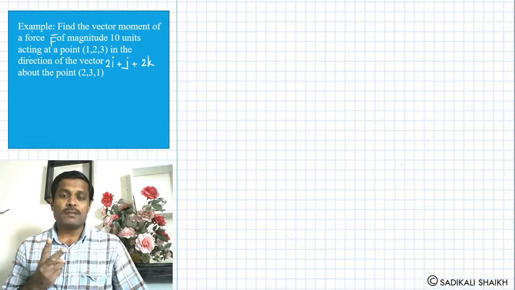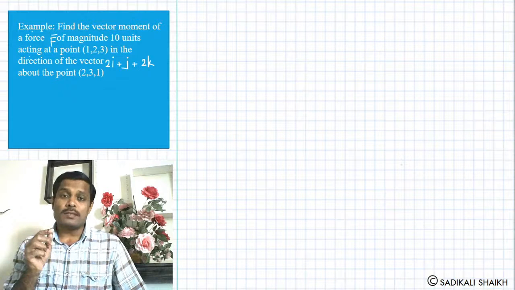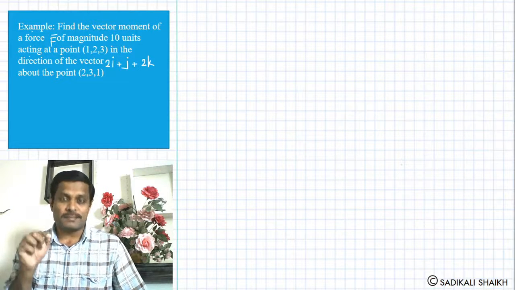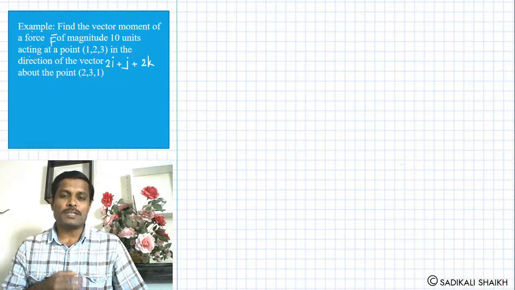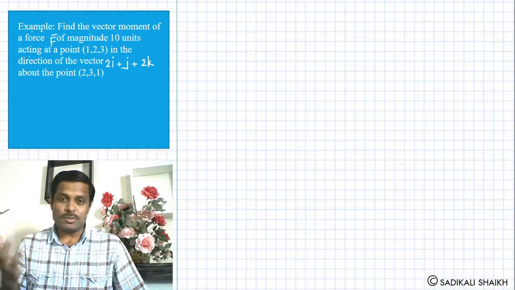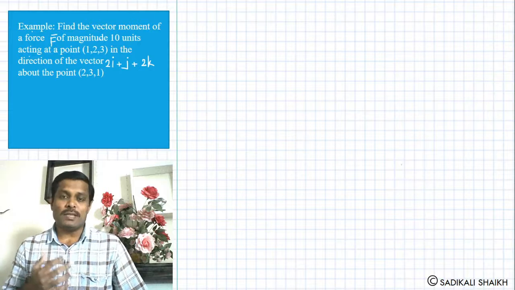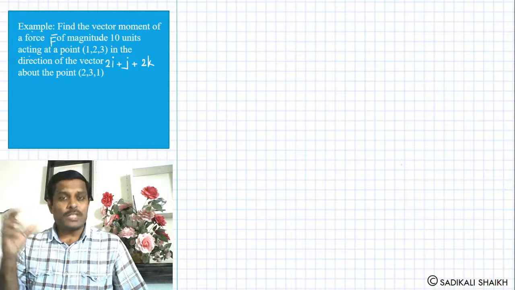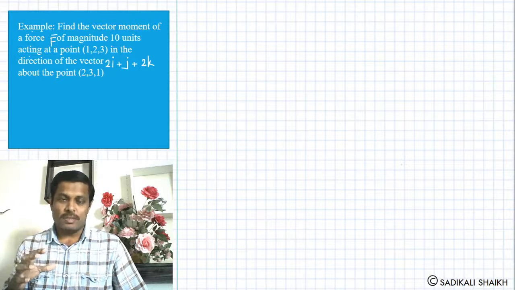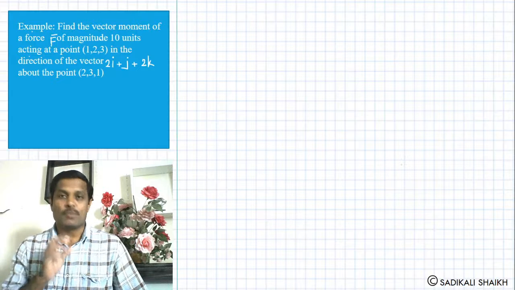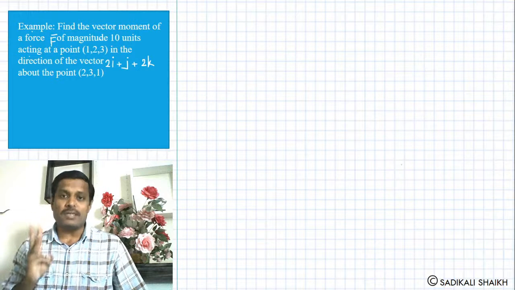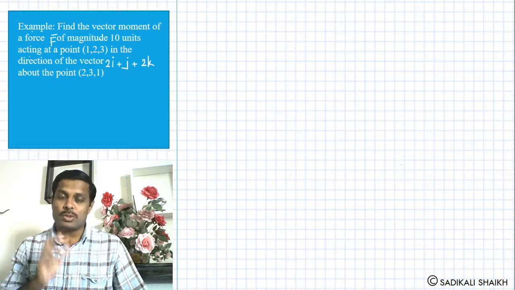Number two, you need a point where the force is applied. If I suppose that point is capital P, then it's okay. And third, you need the point about which you have to calculate the vector moment. So three ingredients are very important to solve this example.